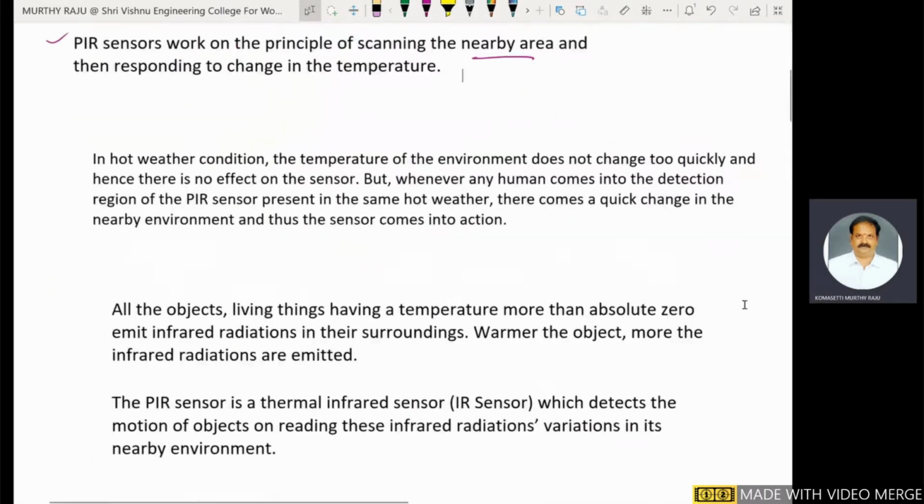Next point here is summer. In hot weather conditions, the temperature of the environment does not change too quickly, and hence there is no effect on the sensor. This is the area sensed by the PIR sensor.